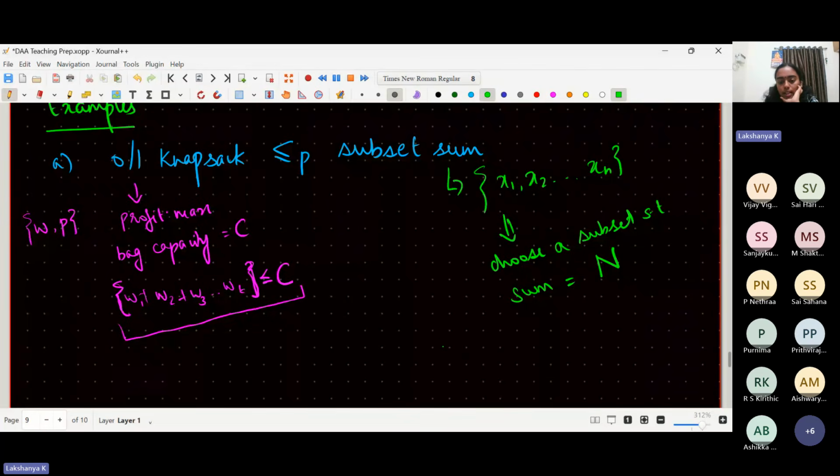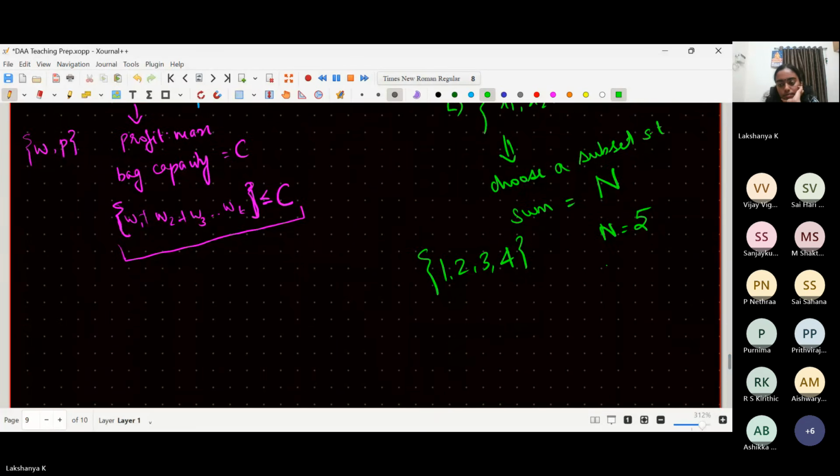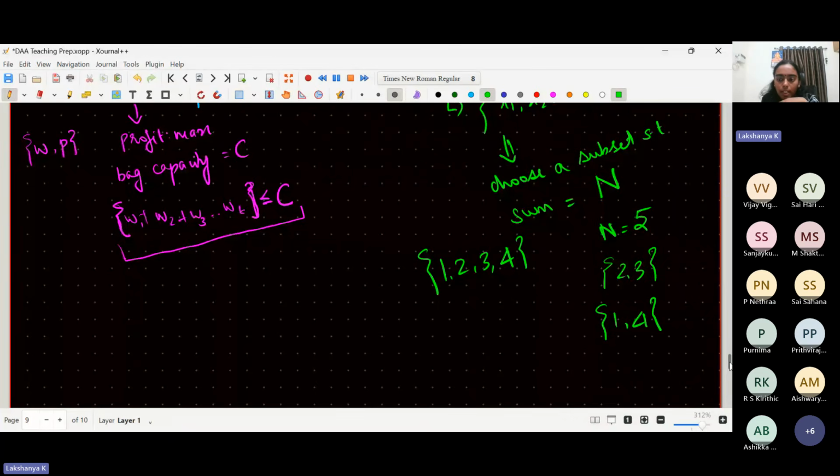So for example, let's say the set given to you is 1, 2, 3, 4 and n is 5. What could be the solutions? Quick. 2 and 3, 1 and 4. Yeah. And 3, 2, 4, 1 also. Same thing. Order is immaterial, right?